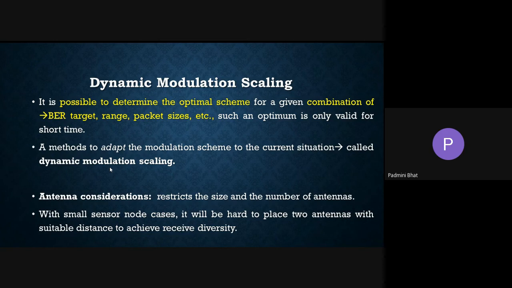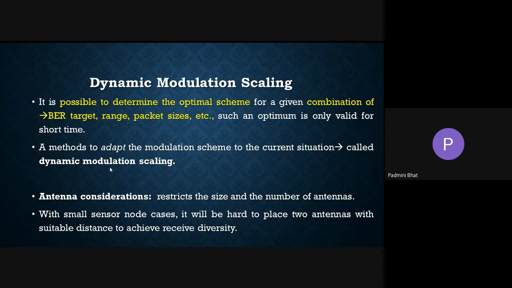Threshold value is the value at which the receiver can receive. At that level, the receiver can receive the signal, demodulate and get the signal back properly. If the signal level goes below that, the receiver is unable to distinguish between noise and the actual signal.